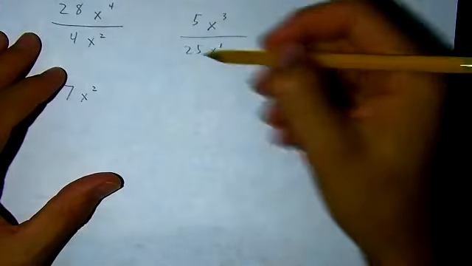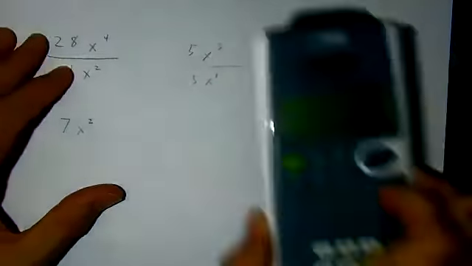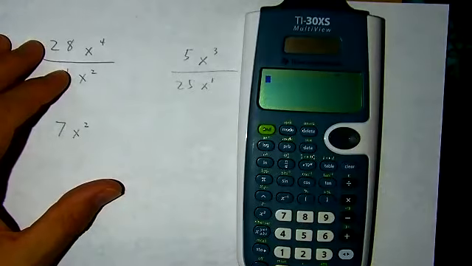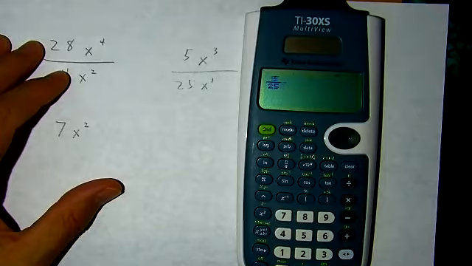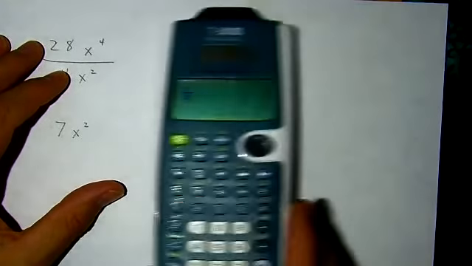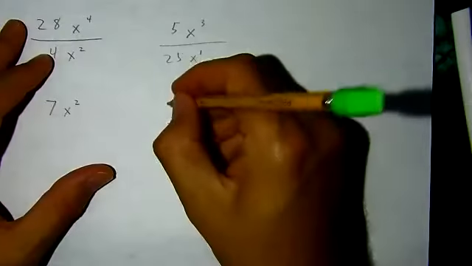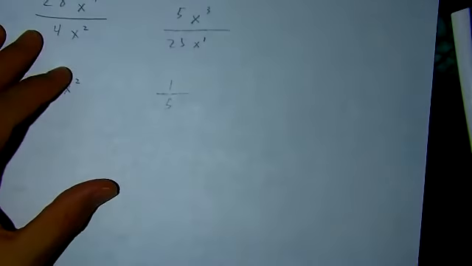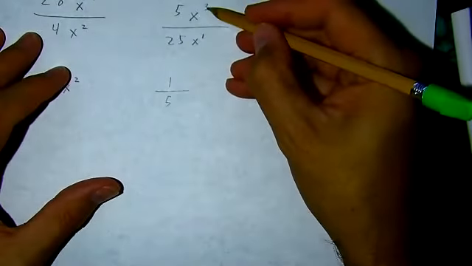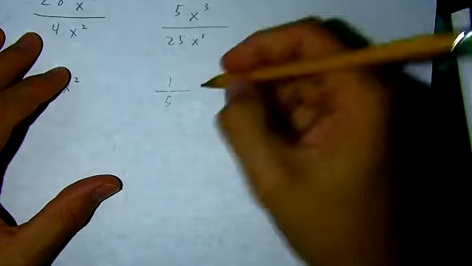So 5 over 25, if you remember from the calculator lesson, you can just punch that in on the calculator if you've got it. So fraction key, 5, down, 25, enter. And it gives you 1/5 as an answer. So you can start by just putting 1/5. We've got 3 x's on the top, 1 x on the bottom. 3 minus 1 is 2.